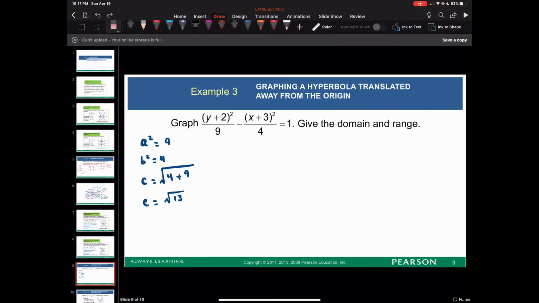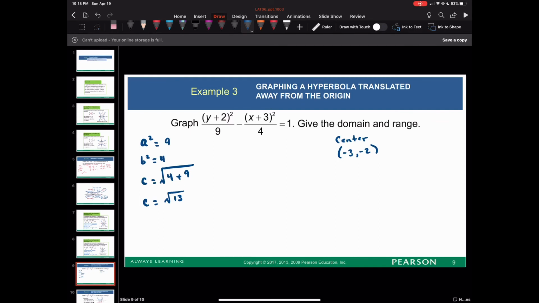And since we're using the vertical transverse axis, let's go ahead and write what our center is. So the center will be -3, -2. So that's your h and k.